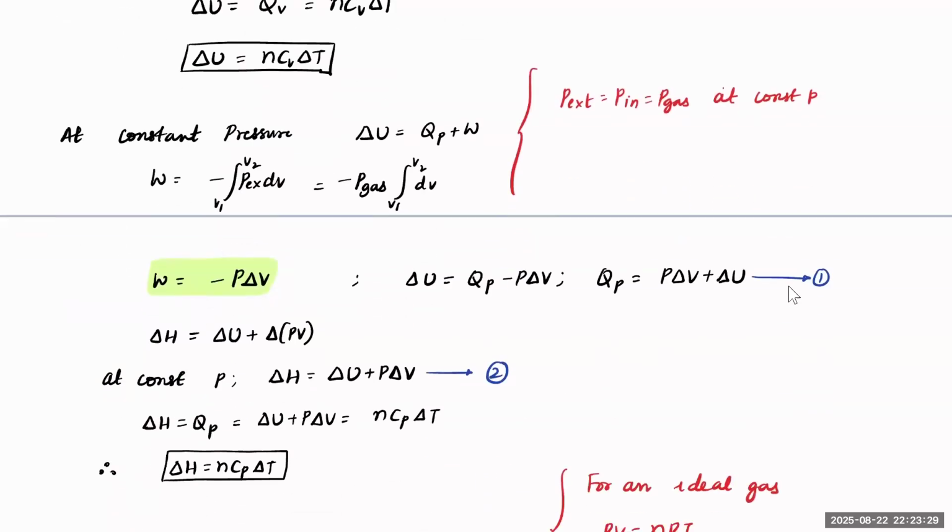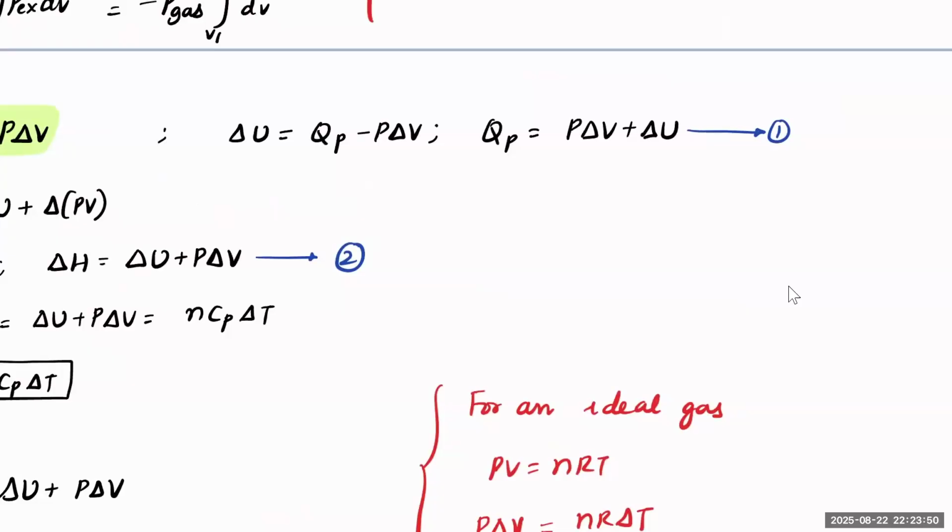And delta U is equal to QP minus P delta V. Correct? And QP is equal to P delta V plus delta U. And we learned that delta H is equal to delta U plus delta of PV. At constant pressure, now look into this part. If you have delta of PV, I can write this as V delta P plus P delta V, correct?